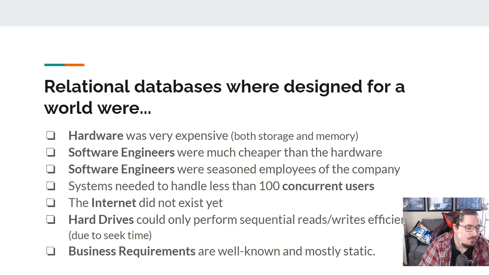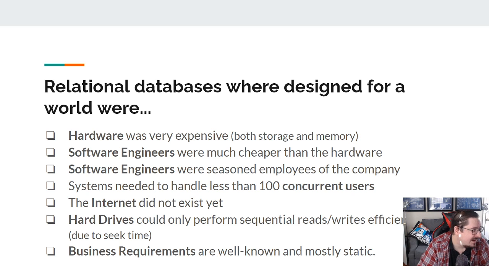So our goal back then was to keep the computer busy and to do as much work with that computer as possible, so it's not sitting idle or wasting electricity, or not getting orders processed. Oftentimes back then, the software engineers were seasoned employees of the company.